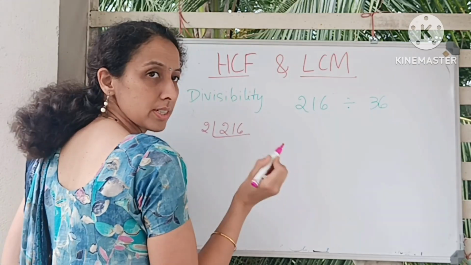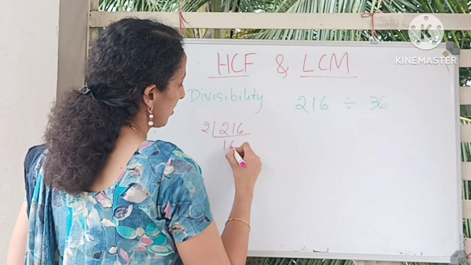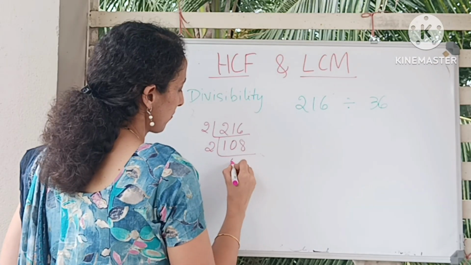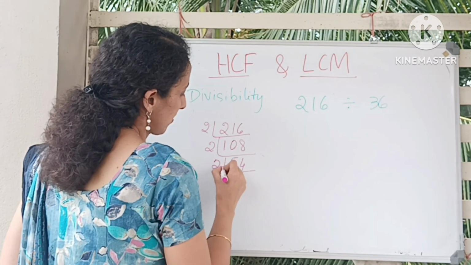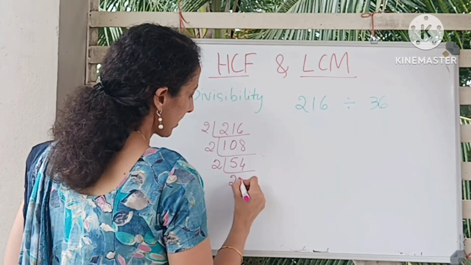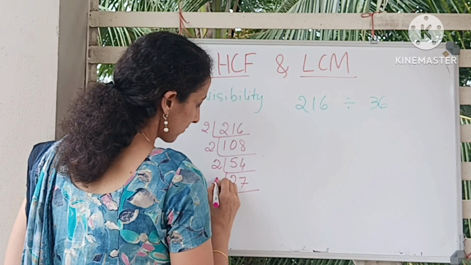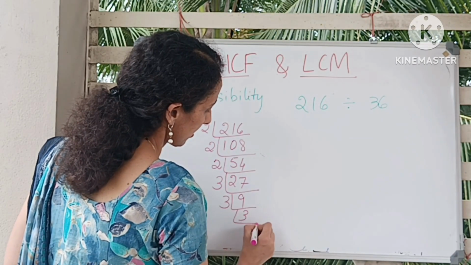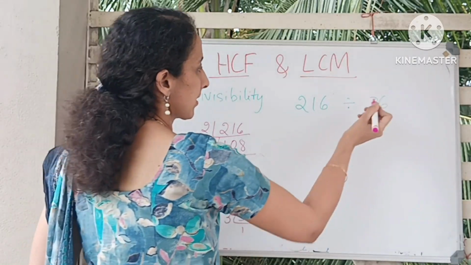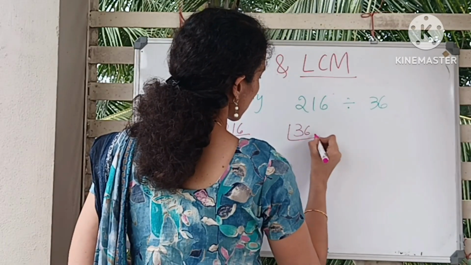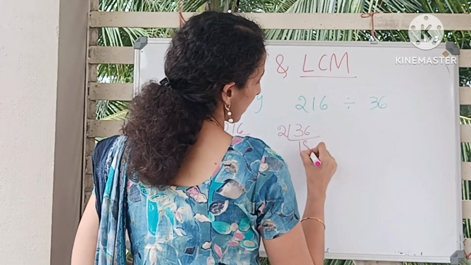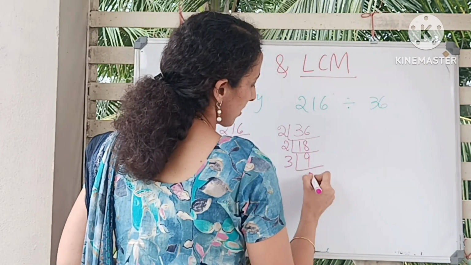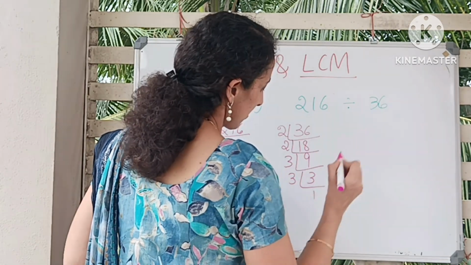So 216 is an even number. 2 1s are 2, 2 8s are 16, 2 5s are 10, 2 4s are 8, 2 7s are 14, 27s are 3 9s, 3 3s are 9, 3 1s are 3. And 36 is divisible by 2. Again 2 9s are 18, 3 3s are 9, and 3 1s are 3.